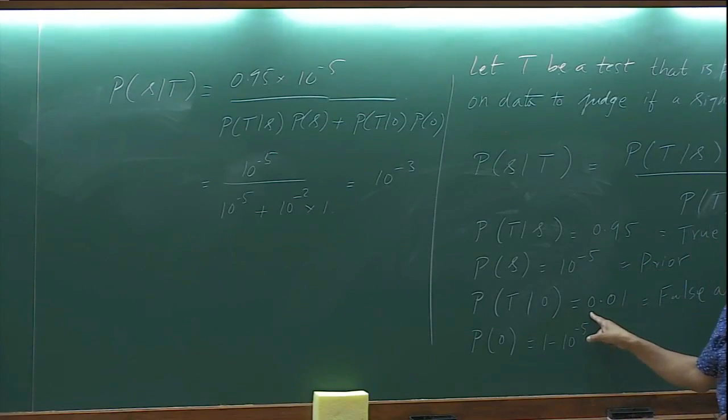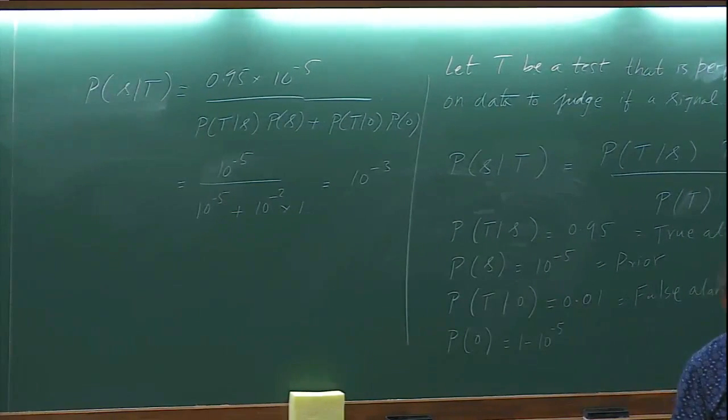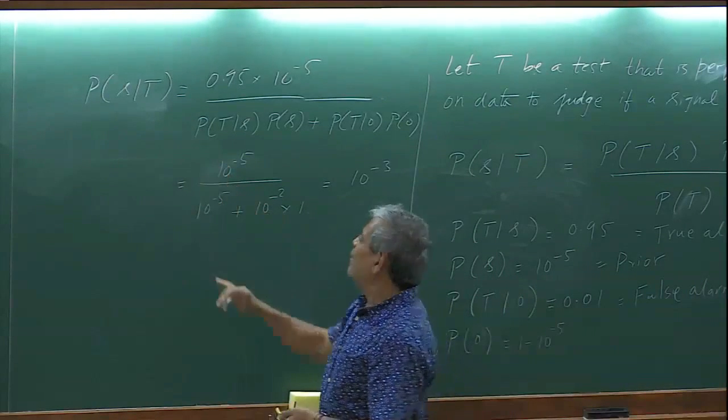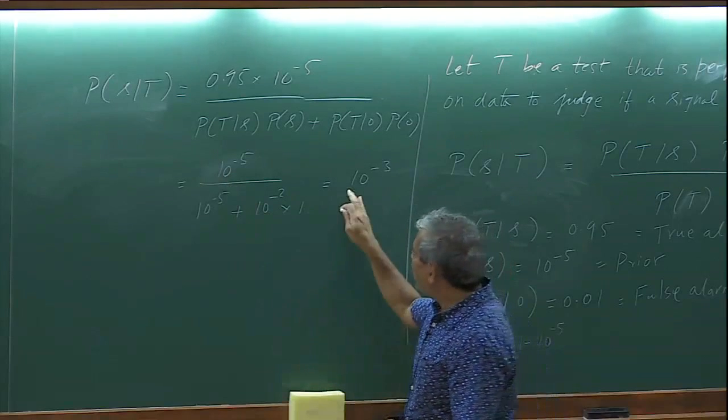Look at that, right? I have only 1% false alarm probability and 95% true alarm probability. But even then, when I see that the test becomes positive, the probability that it contains the signal is only 1 in 1,000. Why did that happen?